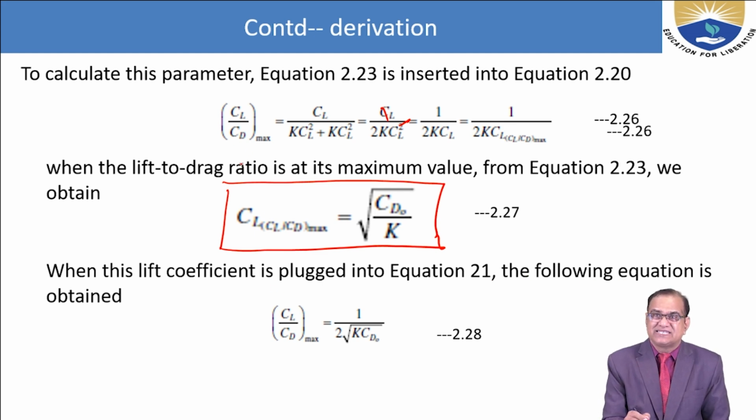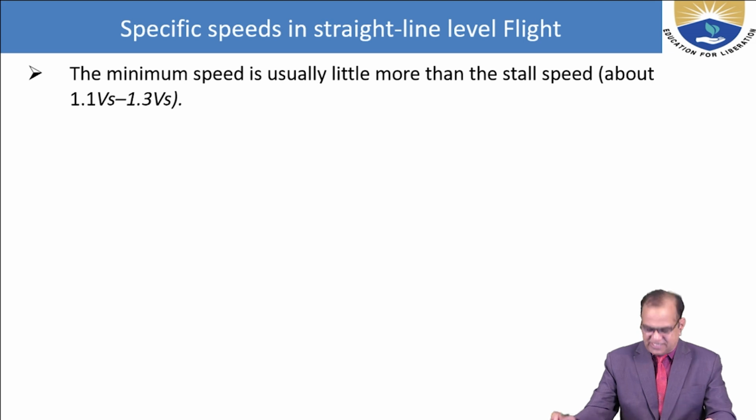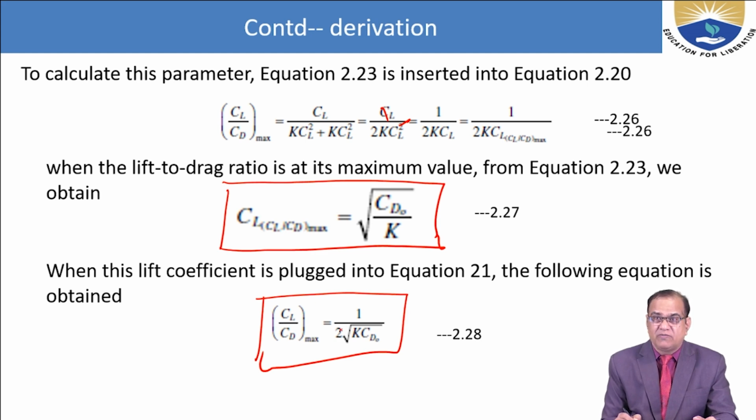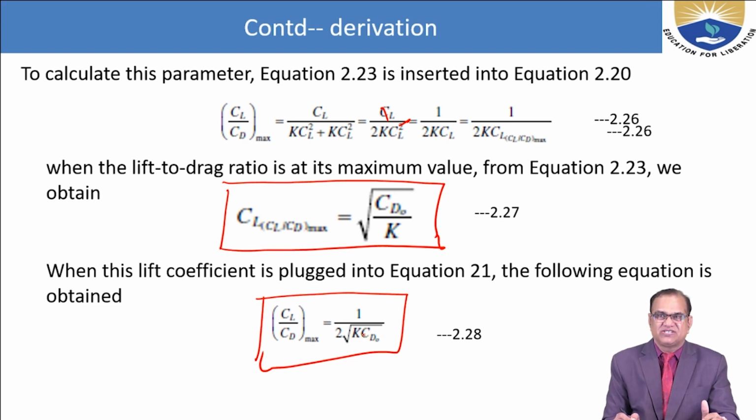Here CL by CD is equal to 1 by 2 under root K CD naught. So here we get one more relation, that CL by CD maximum will be 1 by 2 under root K CD naught. This is the condition for CL by CD maximum.